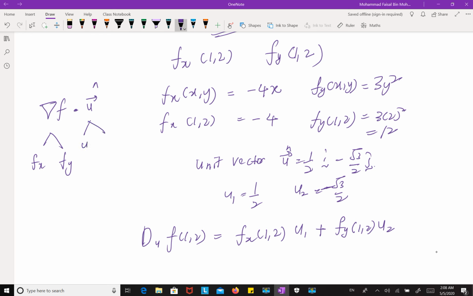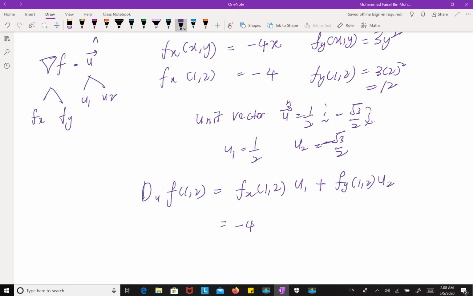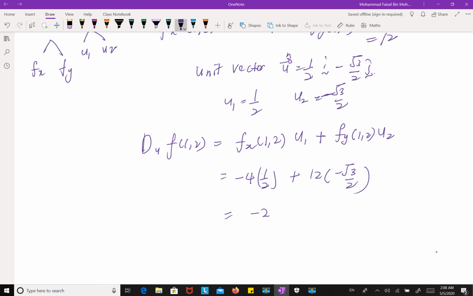So here u1 and u2, so you have to dot. So this will be negative 4 times u1, which is half, plus fy, which is 12, times negative square root 3 over 2. So this is negative 2 minus 6 root 3, or approximately negative 12.3923.